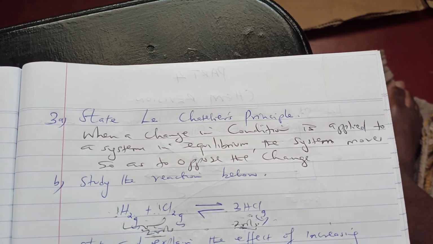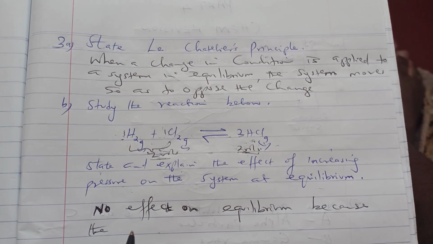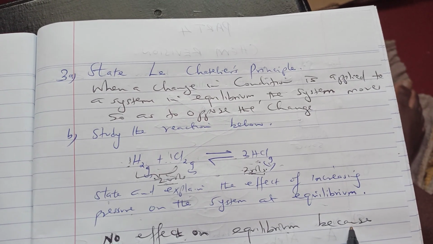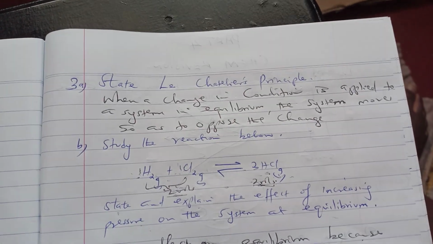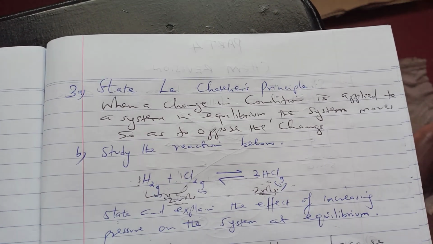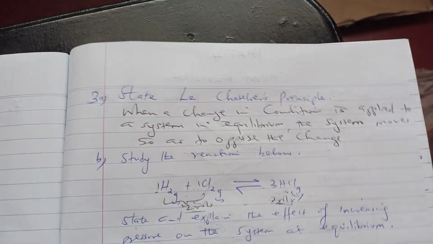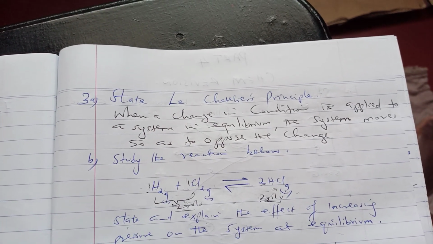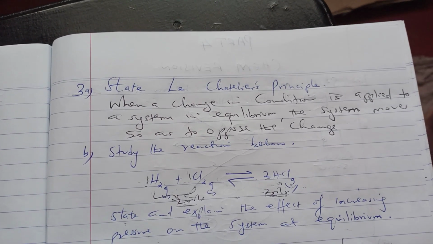So if you are told to state and explain the effect of increasing pressure on the equilibrium of this system, then you say the answer is no effect on equilibrium, because the number of moles, or you can say the volumes of reactants and products, are equal.